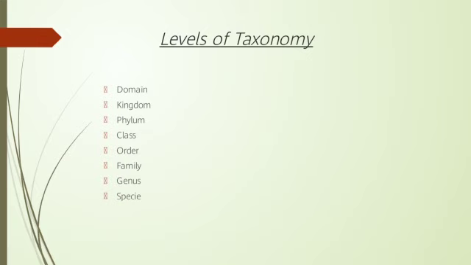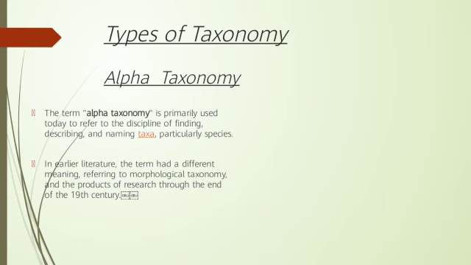Next, I will tell you about the types of taxonomy. Types of taxonomy include alpha taxonomy, beta taxonomy, and then gamma taxonomy. Firstly, what is alpha taxonomy?